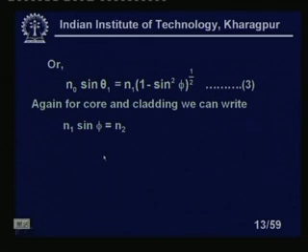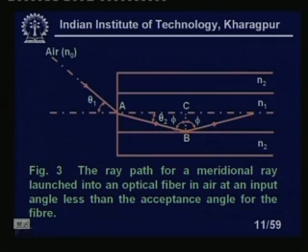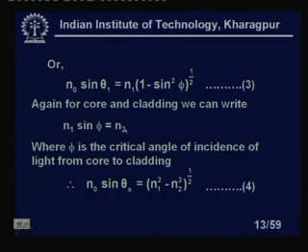Again for the core cladding interface, we can write N1 sin phi equal to N2. Why? When the light is deflected here, it will use phi, so if I apply the total internal reflection principle, I can immediately write that expression. For the core cladding interface, N1 sin phi equal to N2 times sin 90 degrees, where phi is the critical angle of incidence of light from the core to cladding.